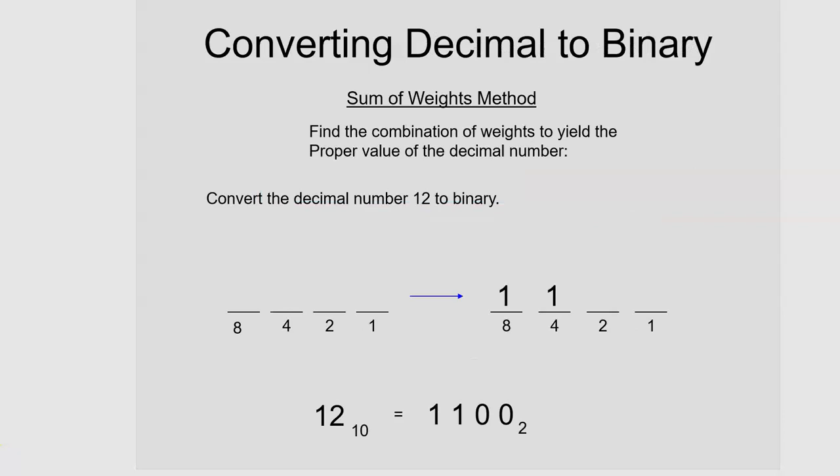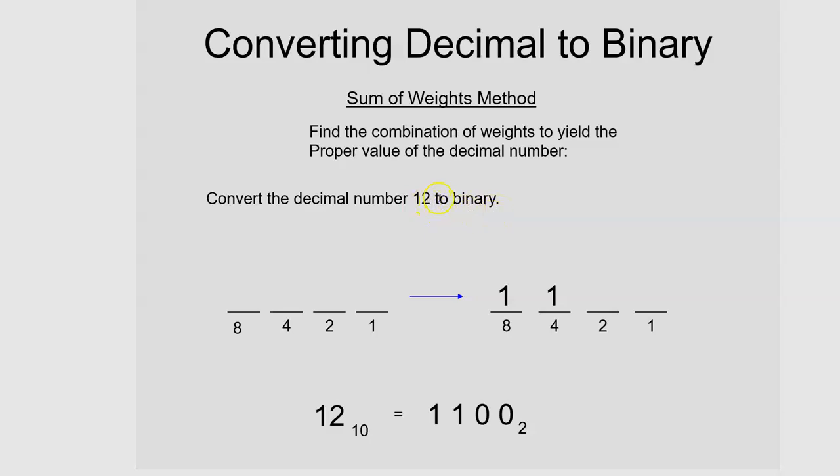What if I want to go the other way? I want to convert decimal to binary. Well, that's pretty easy. Just remember your 8421 code. These are your decimal weights for each of those binary numbers. So let's say we want to convert the decimal number 12 to binary.